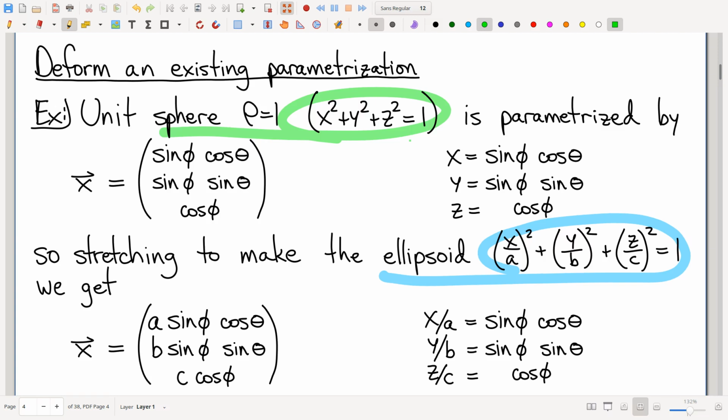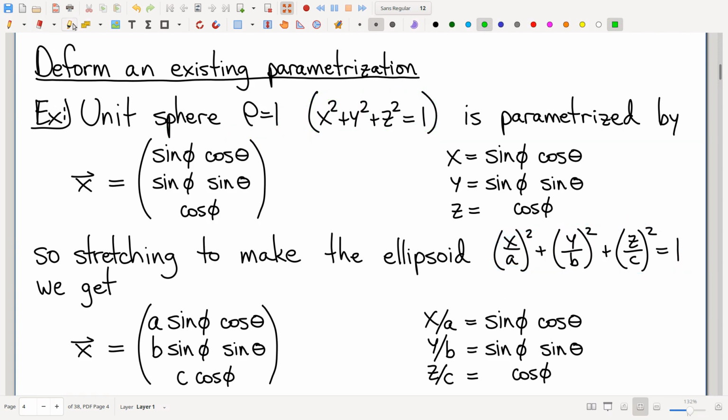If I want to stretch in the x direction by a factor of A, I appeal to your geometric intuition. Stretching by a factor in the x direction just means I'm going to multiply those coordinates by that factor. So here we go. Let me clean this up.